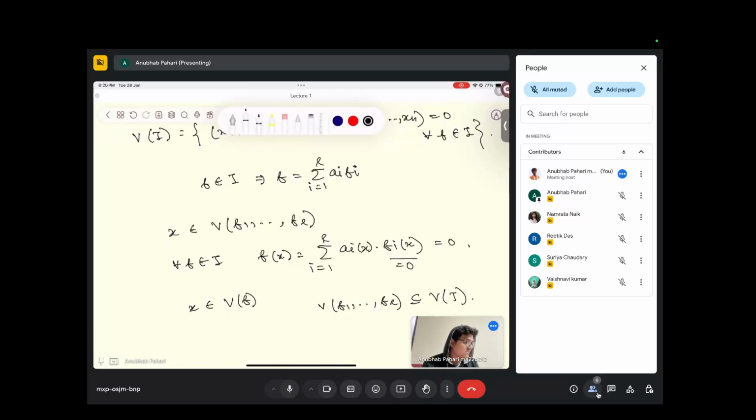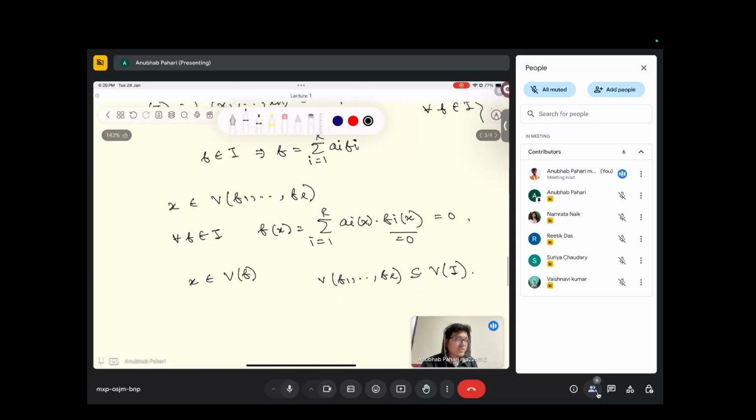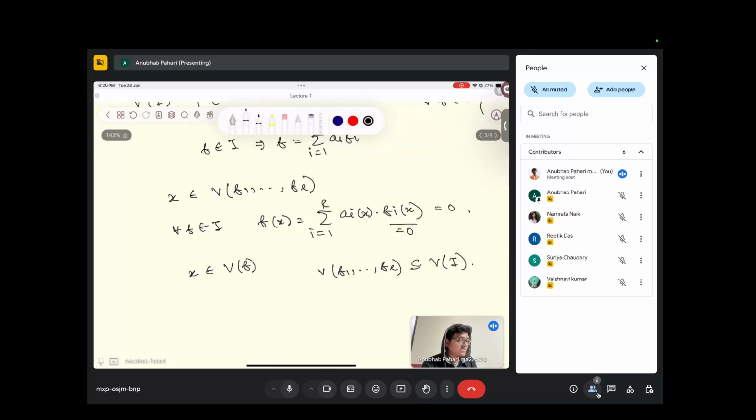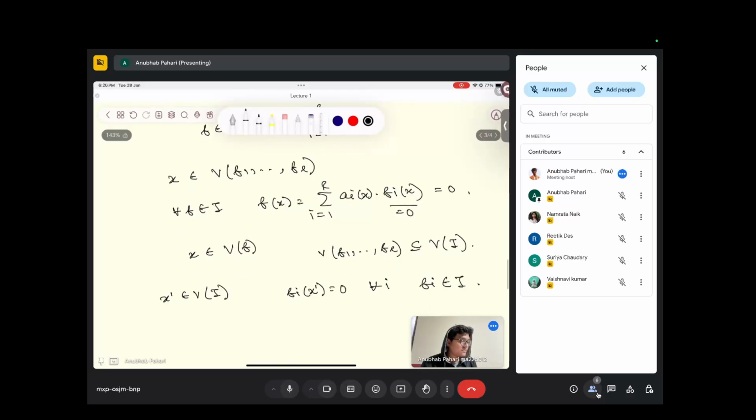Now for the inverse direction, if x dashed belongs to V(I), then fi(x dashed) should be 0 for all i, right? Because the fi are already in I for all i.